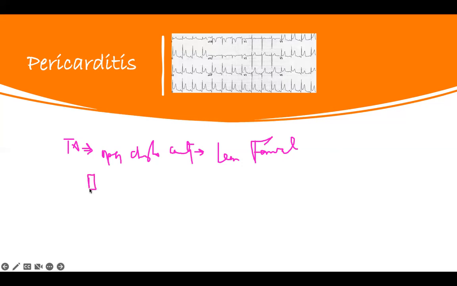Is it an infection? You treat it with antibiotics, NSAIDs. It's inflammation, so NSAIDs help with the inflammation. The common NSAID they use is colchicine. You've seen it in gout.